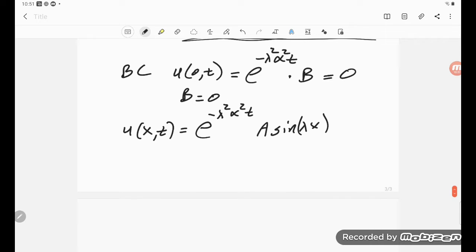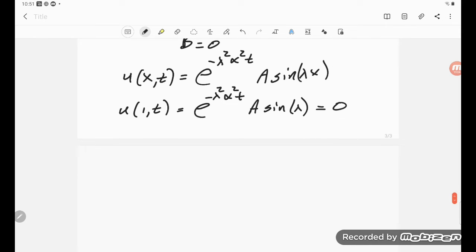Now on the other side, we have u of 1 and t. Well, that's e to the minus lambda squared alpha squared t. We still have a, but now it's sine lambda. That's equal to 0. Well, I guess a could be 0, but that would be pretty boring. And so what we have is that sine of lambda has to be 0.